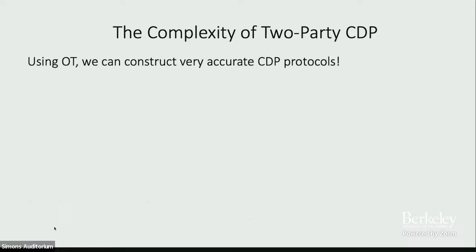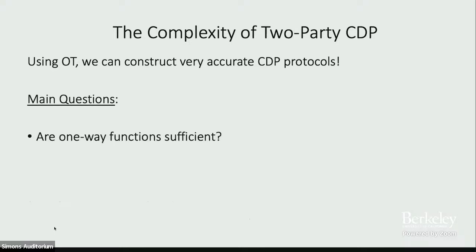And the question is, what is the complexity of two-party computational differential privacy? So using OT, we can get very accurate protocols, but can we do it while only assuming one-way functions? And if we cannot, we will really need to assume public key cryptography, or maybe we can use more reliable assumptions.